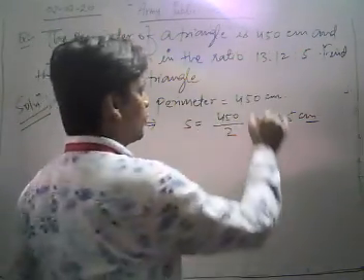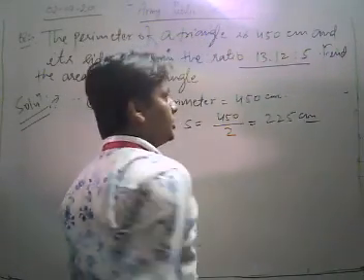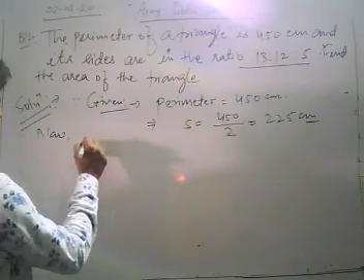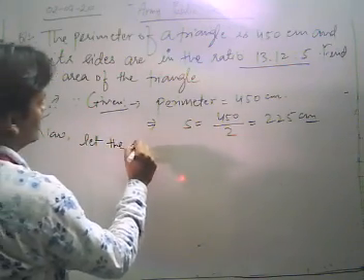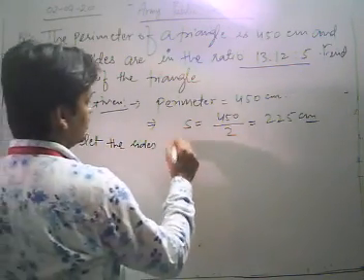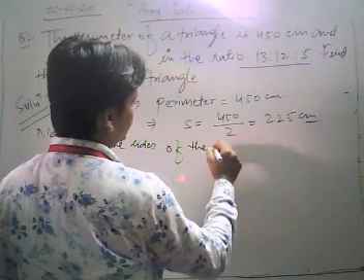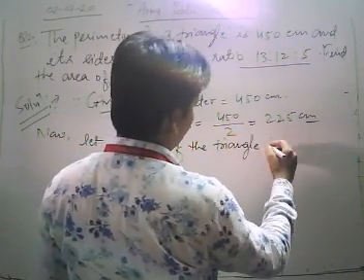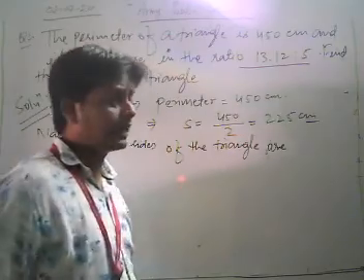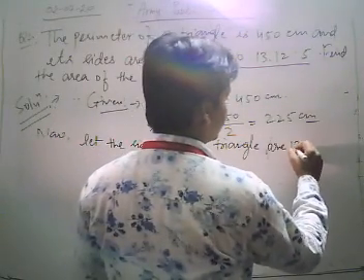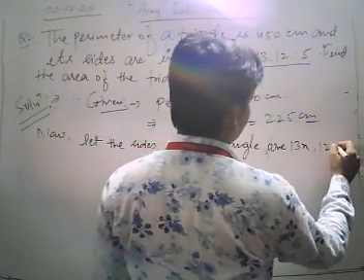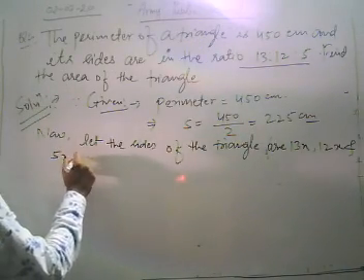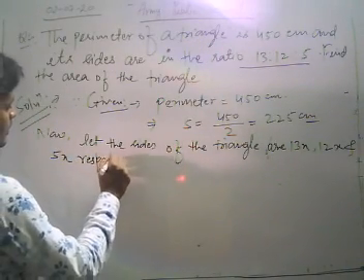Now here the sides of the triangle are in the ratio 13 to 12 to 5. So let the sides of the triangle be 13x, 12x and 5x respectively.